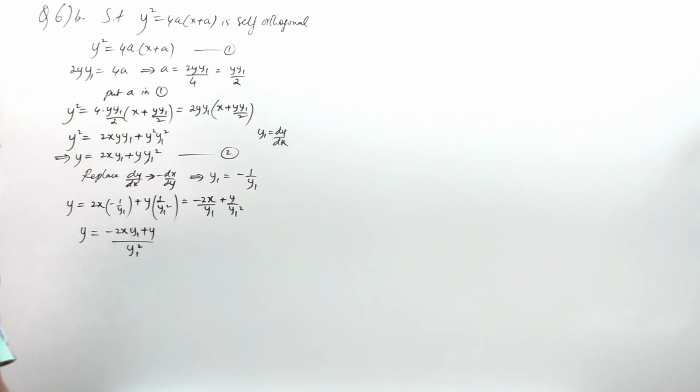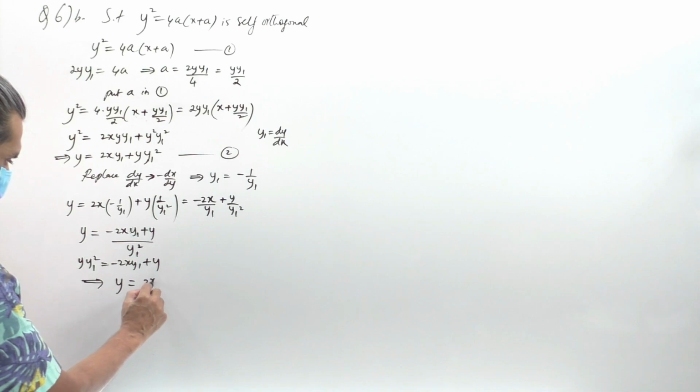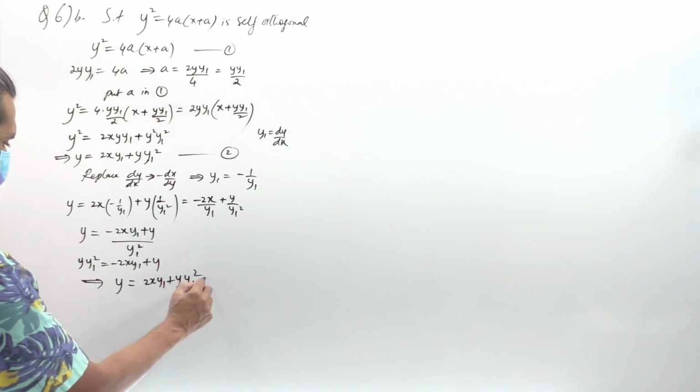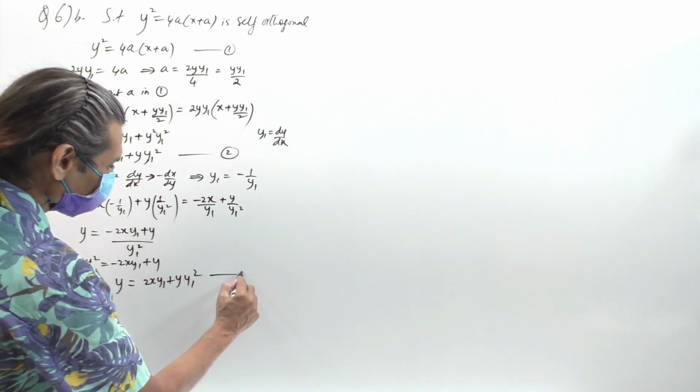Now what you can do is, that implies y into y1 square is equal to minus 2x y1 plus y, and that implies y is equal to, take it this side, 2x y1 plus y into y1 square, that is it, am I right? So y is equal to 2x y1 plus y into y1 square. Now I take this as, say, 3.